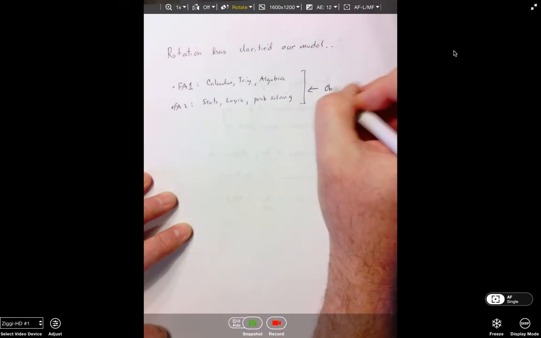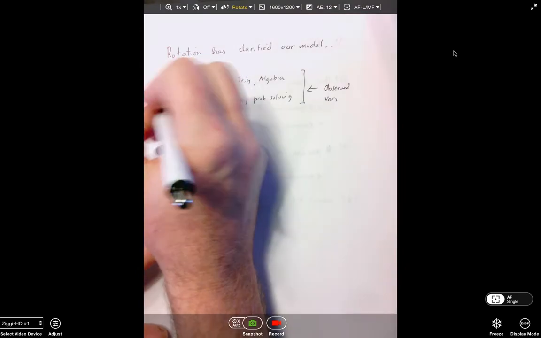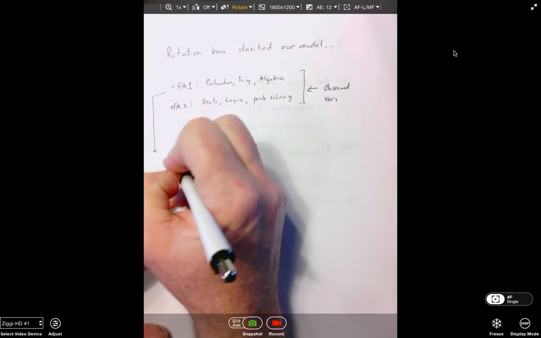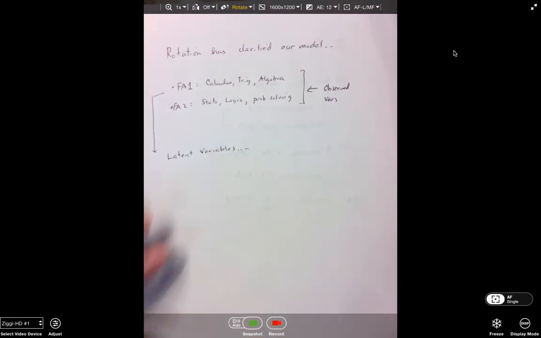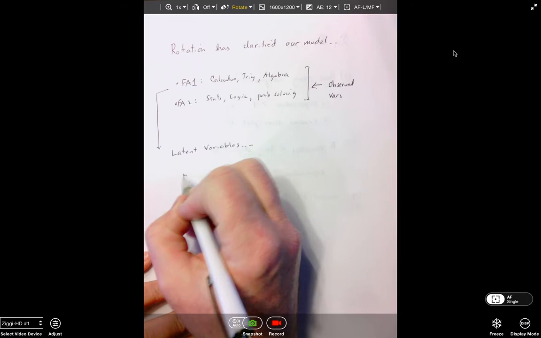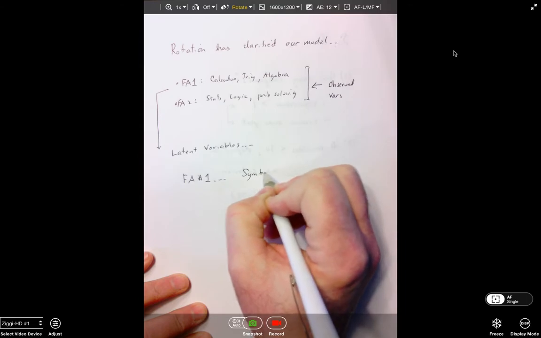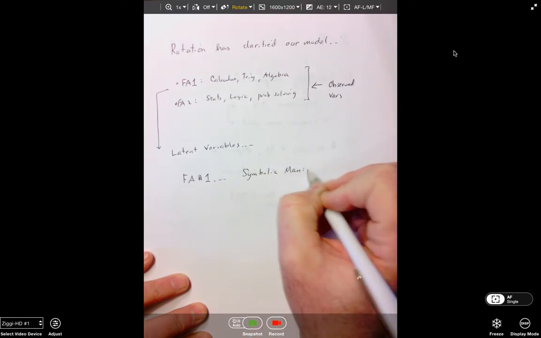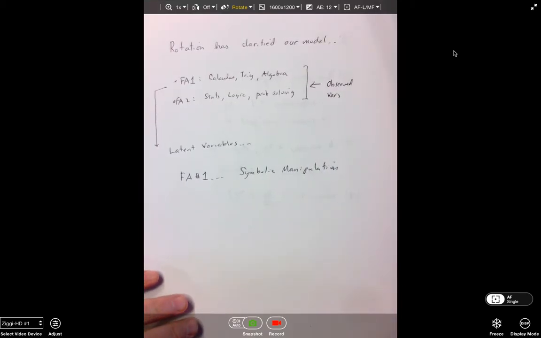These are all observed variables. But I think you can see the construction of some latent variables emerging from the commonalities within each factor. So the latent variable, at least for me, for factor number 1, it's amazing how this falls out, are things that require symbolic manipulation.